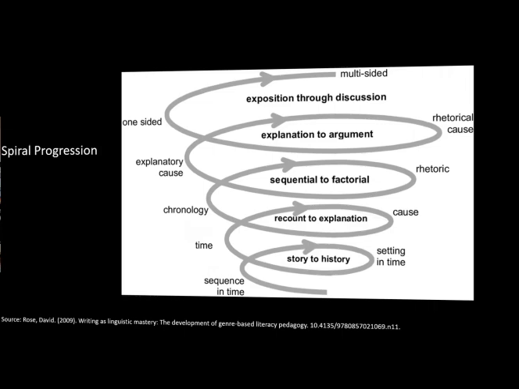In such way, for example, after learning the story of history, you now recount the explanation. After learning how to recount the explanation, you now have sequential to factorial, meaning you now have a skill of analyzing not only the sequence but the factors that contributed to the sequence of why it happened.